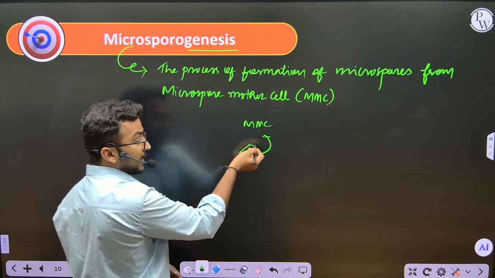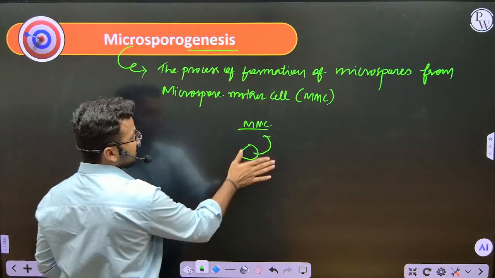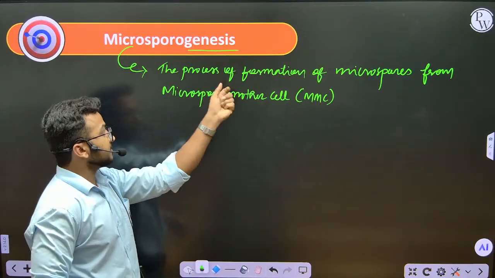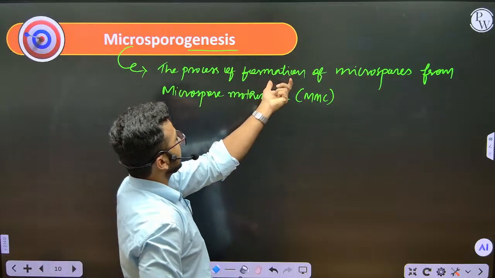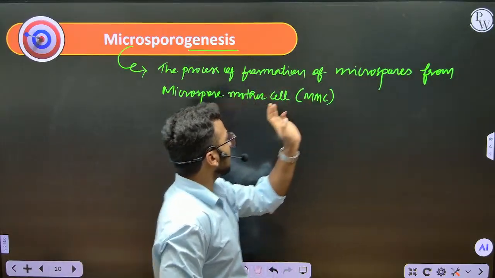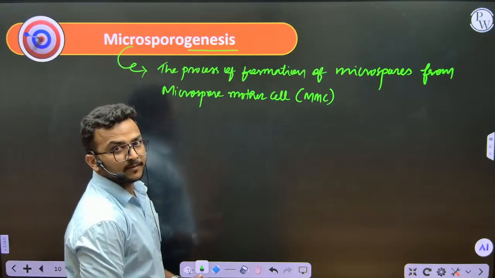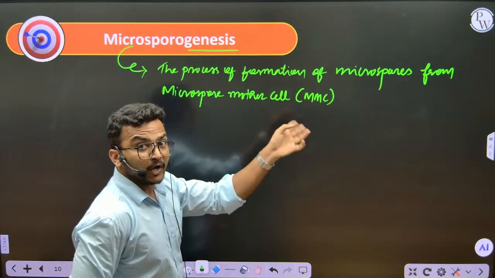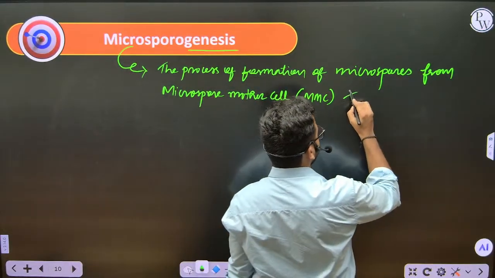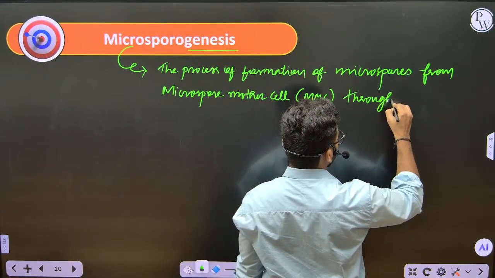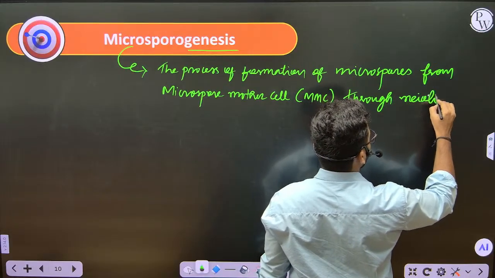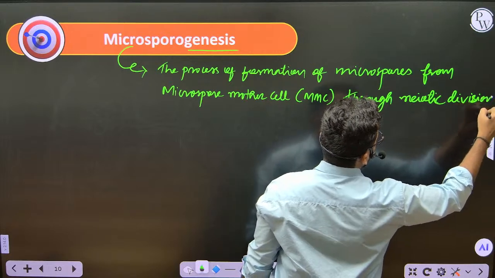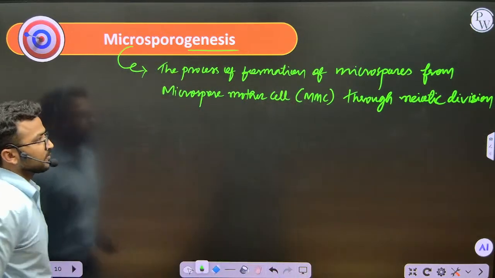So the mother of the microspore is the microspore mother cell. The definition says microsporogenesis is the process of formation of microspores from the microspore mother cell. When the microspore mother cell undergoes meiotic division, we call this microsporogenesis.